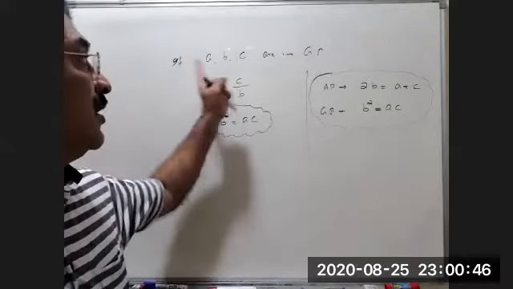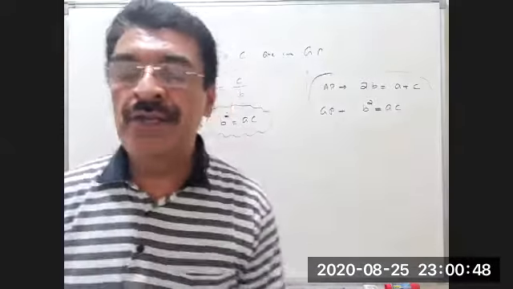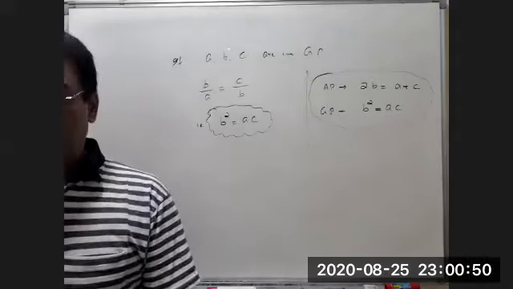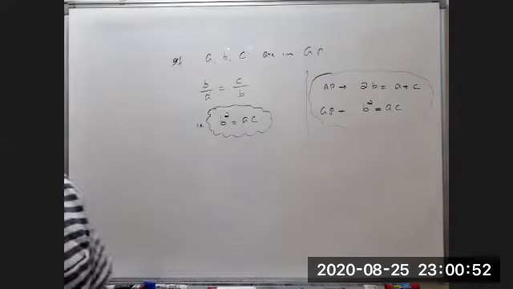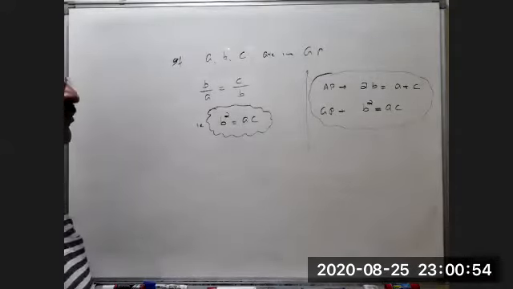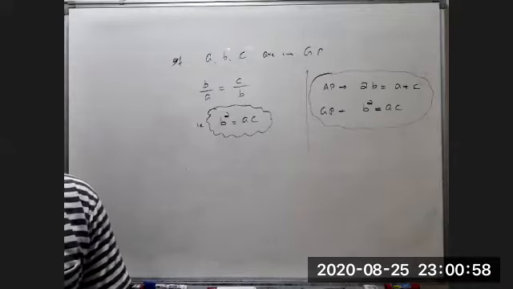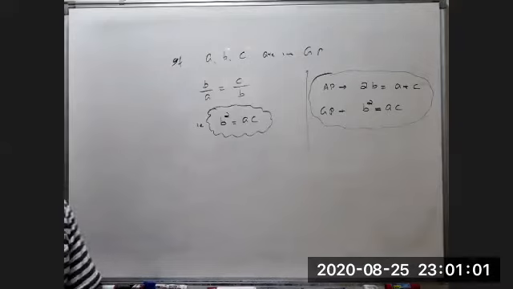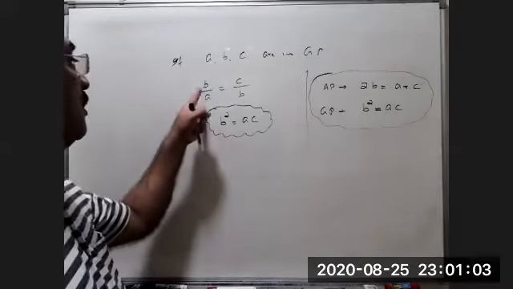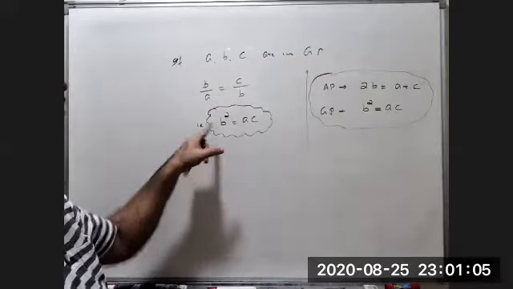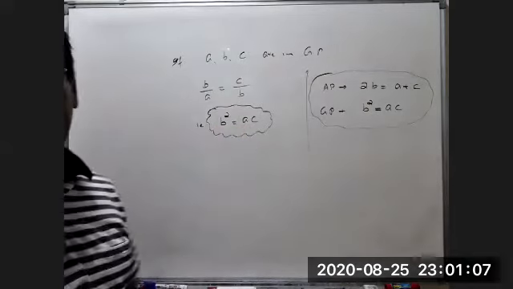So write it. If A, B, C are in GP, then B by A is C by B, that is B square is equal to AC.